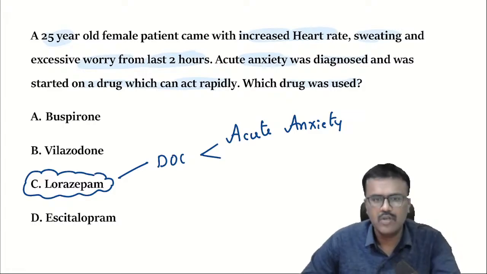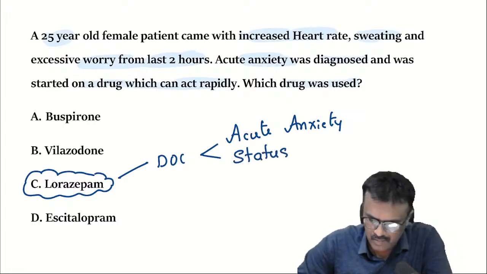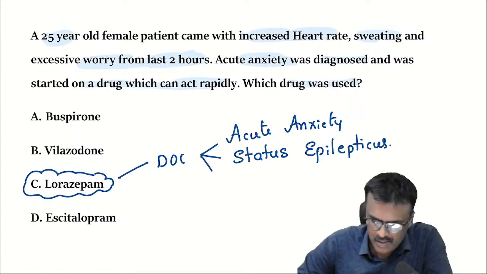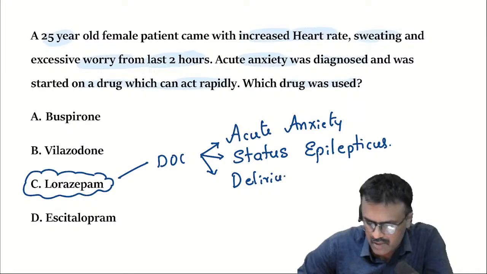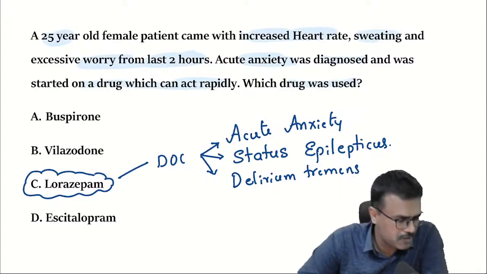It is a drug of choice for status epilepticus. It's a drug of choice for delirium tremens, which is seen after stoppage of alcohol for more than 48 to 72 hours.